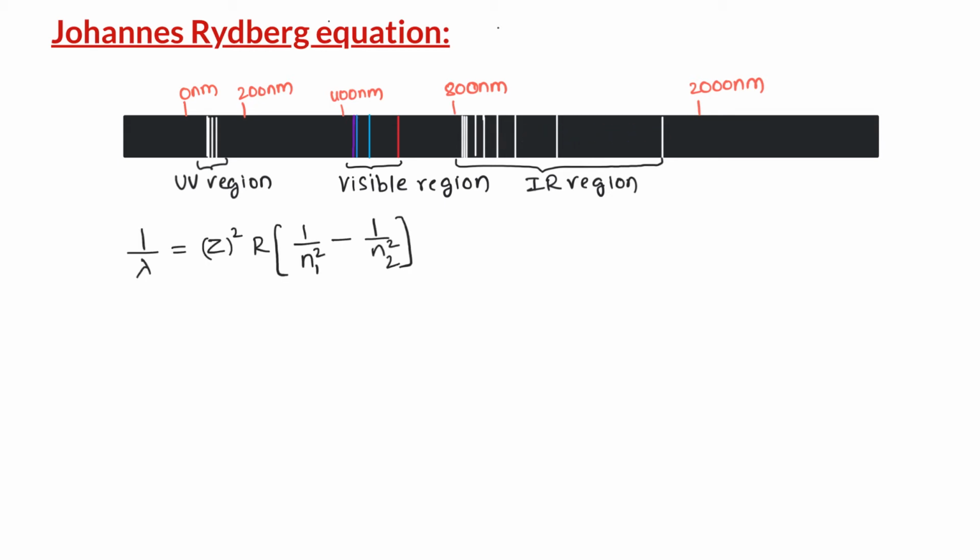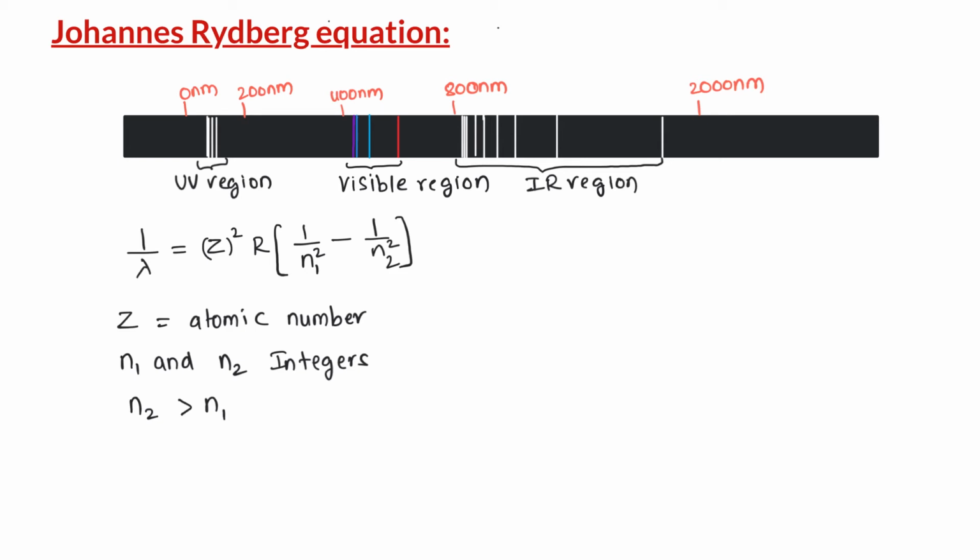Rydberg's formula is 1 over lambda is equal to Z squared times R times (1 over n1 squared minus 1 over n2 squared), where Z is the atomic number of the atom, and n1 and n2 are integers just like what Balmer proposed, except for the condition that n2 has to be greater than n1.